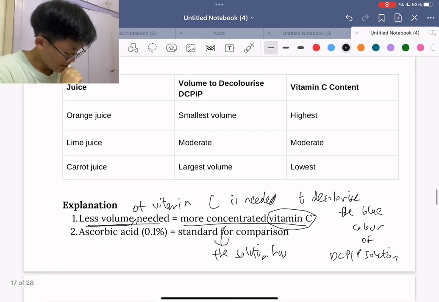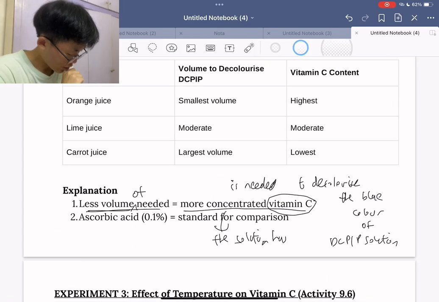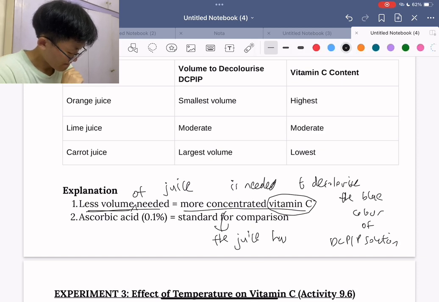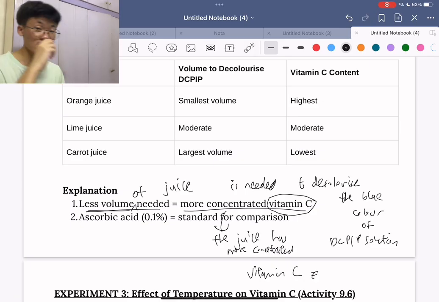Sorry, the juice has more concentrated vitamin C. Yes, this is the conclusion.